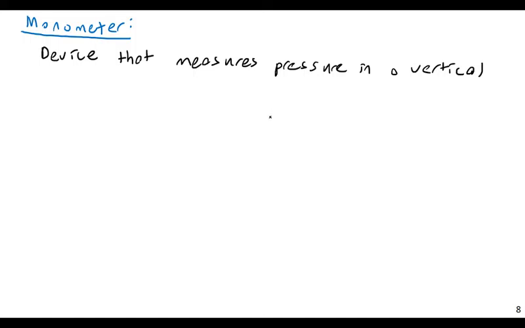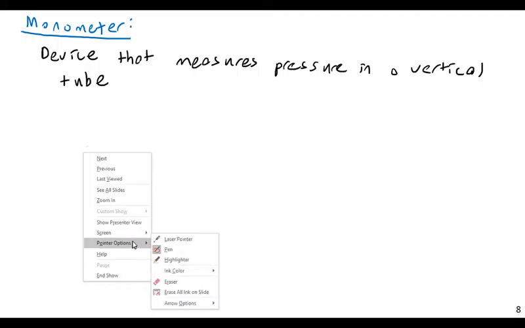And you can have both closed tube and open tube manometers. If you're using an open tube, it would be measuring relative to atmospheric pressure, so a gauge pressure. A closed tube would be measuring absolute pressure.